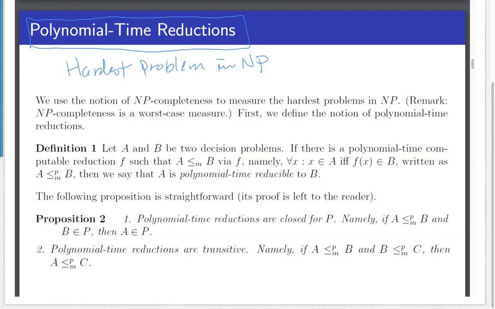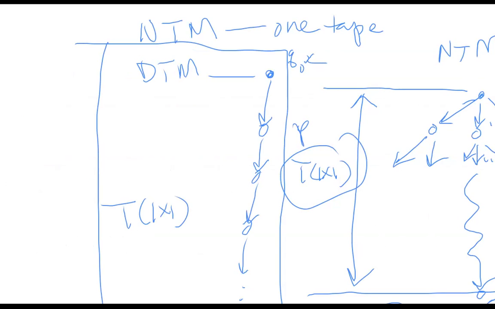So let's look at its definition. We are defining a polynomial time reduction. Let me open up a whiteboard. Let's say I have two problems, A and B, and I want to compare which one is harder.